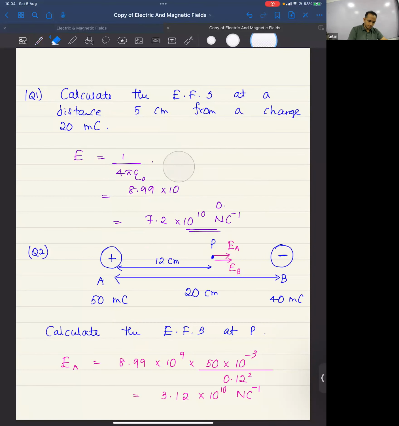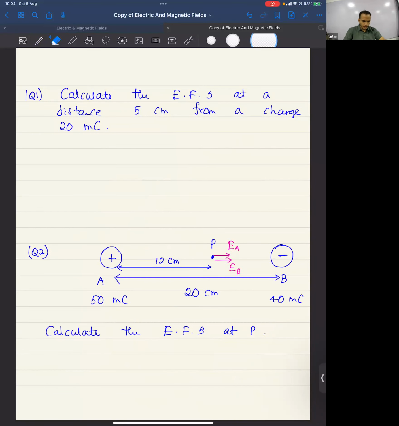Calculate the electric field strength at a distance 5 centimeters from a charge 20 millicoulombs. Calculate the electric field strength.